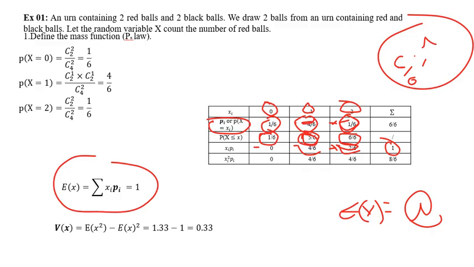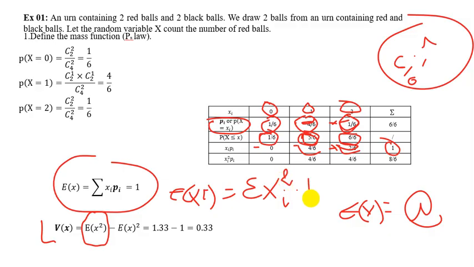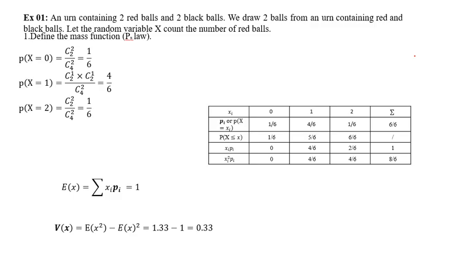And finally V(x), which is the variance, we said it is E of x squared minus E(x) squared. So what is E of x squared? It is the sum of x squared times p. So we square those values of x. For example, 0 squared, we multiply it by the probability, we get 0.